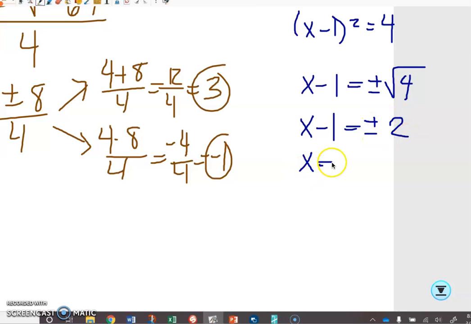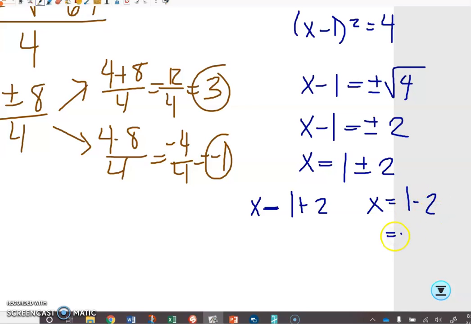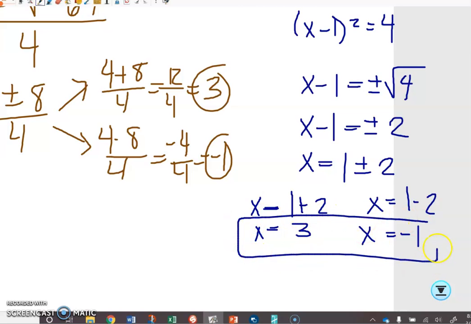So we'll have x equals 1 plus or minus 2. And just in case you guys need to see that split apart, x equals 1 plus 2, and x equals 1 minus 2. So negative 1 and 3, which is exactly what you got right here when we were doing quadratic formula. So again, all three methods give us the exact same answer.